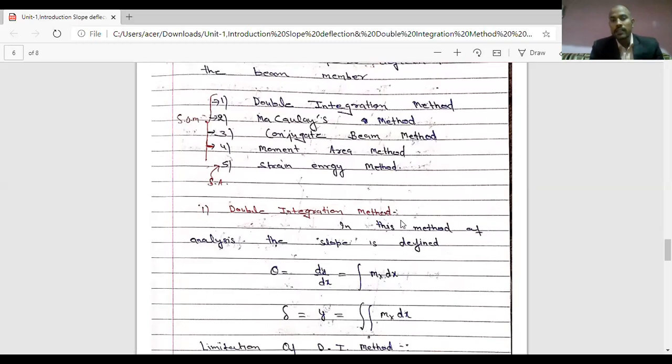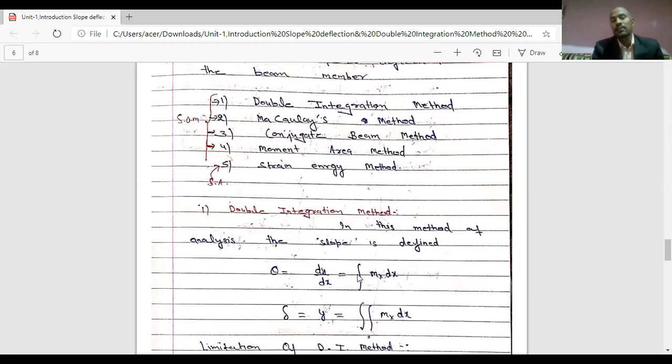Double integration method. In this method of analysis, the slope is defined as theta equal to dy by dx equal to integration Mx dx. As we derived in the previous slope equation, we can see here EI is not used.